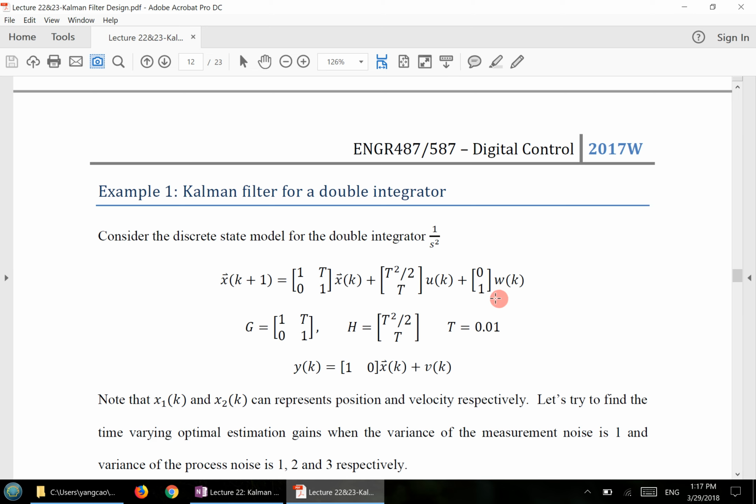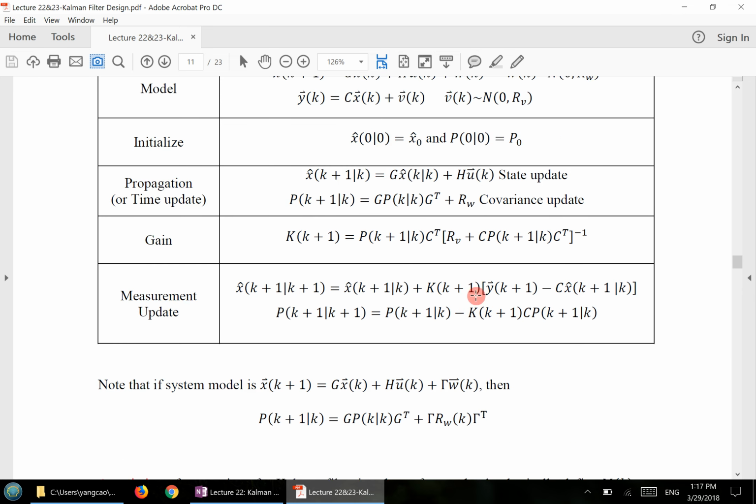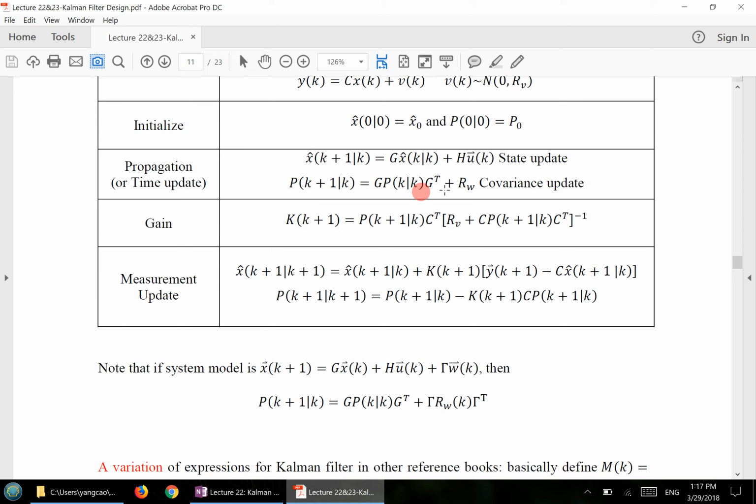And the second state has noise here. Okay, that's basically what this one does. So when you have a matrix in front of W here, there's a slight difference in the calculation results. So in front of W, you need the additional matrix for calculation.